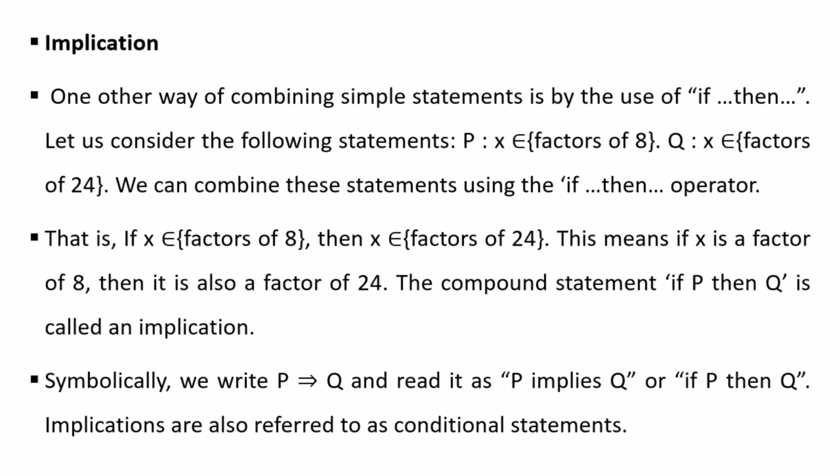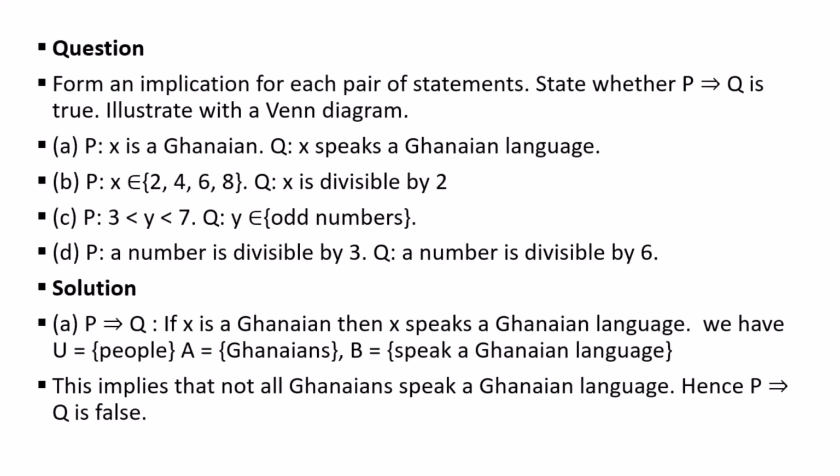That is, if S belongs to factors of 8, then S is a factor of 24. This means that if S is a factor of 8, then it's also a factor of 24. Symbolically, we write this as P implies Q and read as P implies Q. Implications are also referred to as conditional statements.